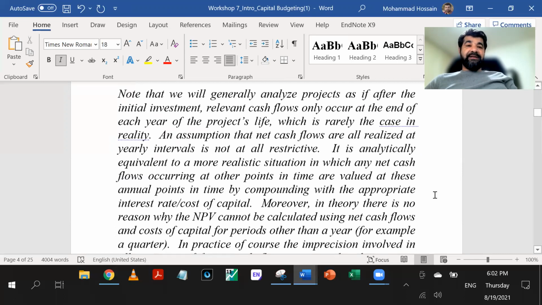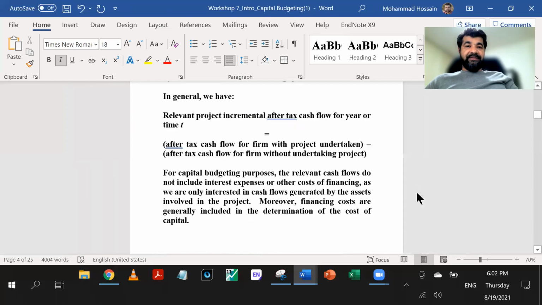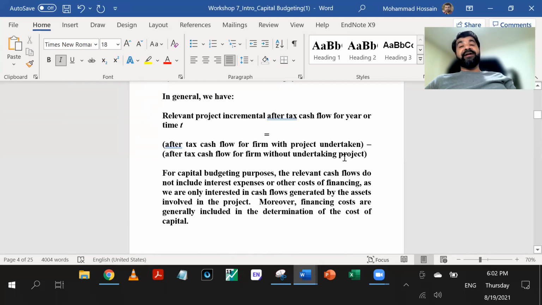All right. So we say here, in general, the relevant project incremental after-tax cash flow for year or time t will be equal to the after-tax cash flow for the firm with the project undertaken minus the after-tax cash flow for the firm without undertaking the project. The difference between these two will tell you the relevant project incremental after-tax cash flow for a specific year.